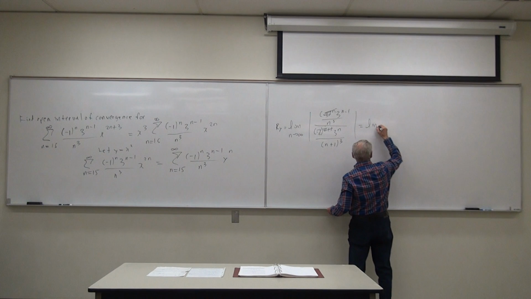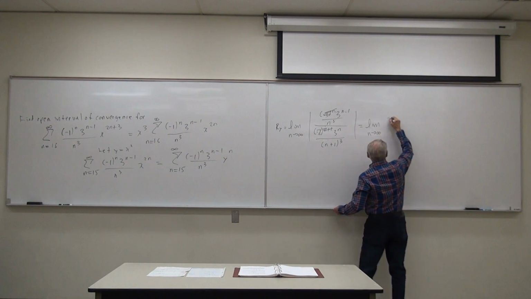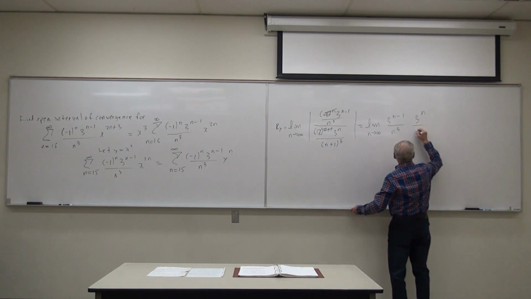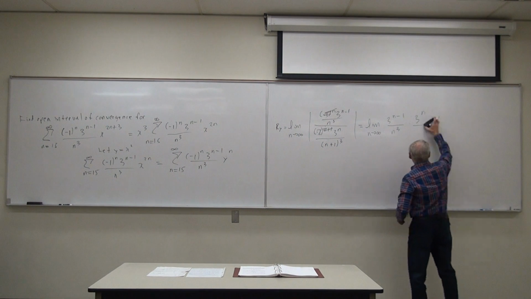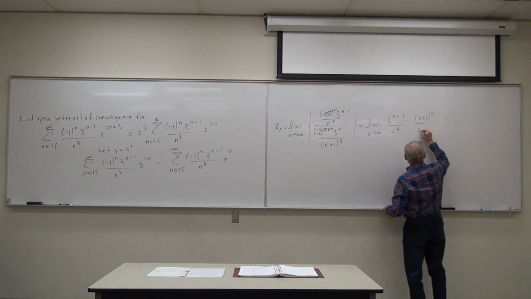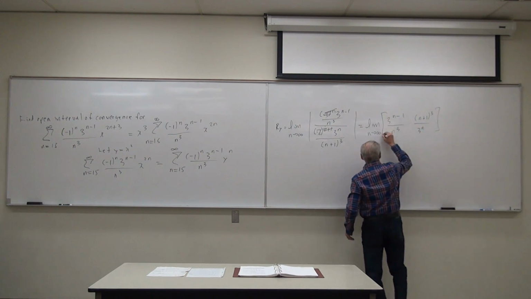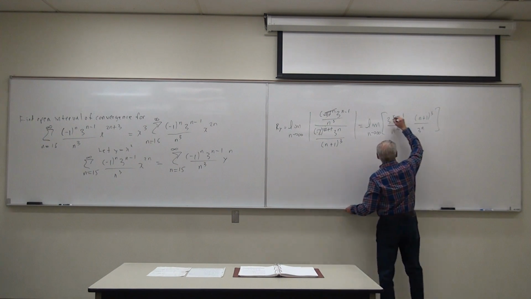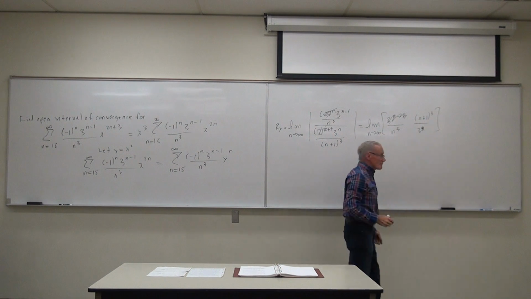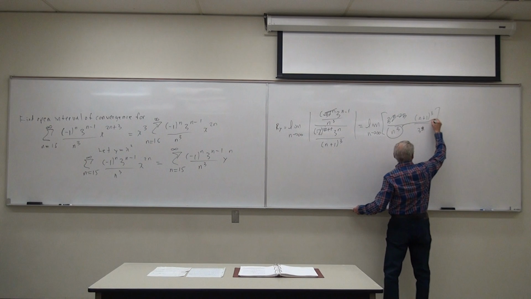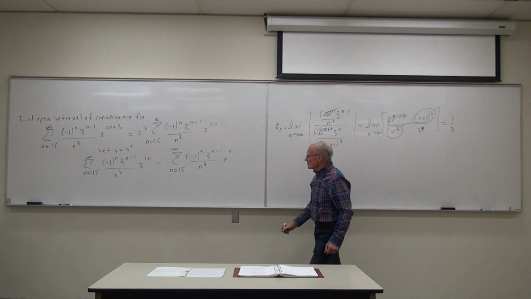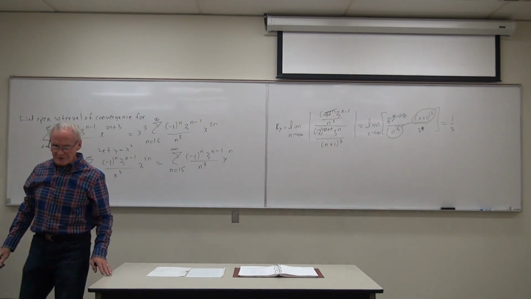Invert and multiply: 3^(n-1) over n cubed times (n plus 1) cubed over 3^n. Cancel some n's. Cancel all of those 3's with all but one of those. The limit of this is 1. So the answer is 1/3. So there's the radius of convergence of my y series.